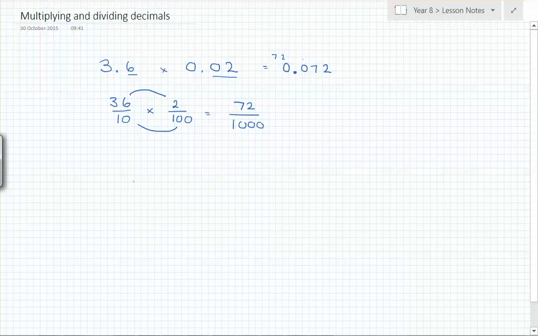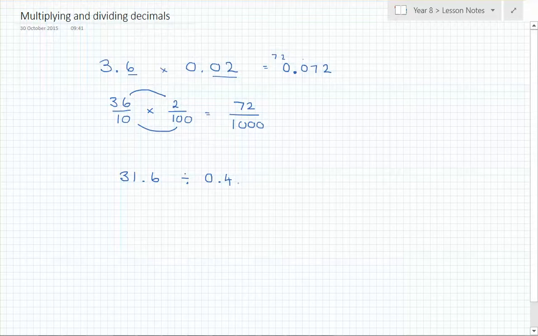Now, let's say I had to do 31.6 divided by 0.4. I can use the same sort of method. The important thing is the number that we divide by. I want the number that we divide by to be an easy divisor.